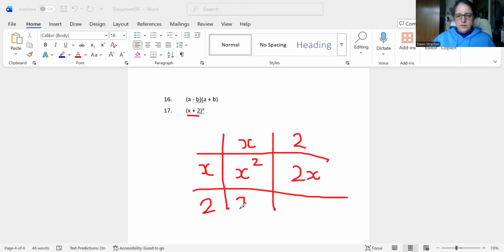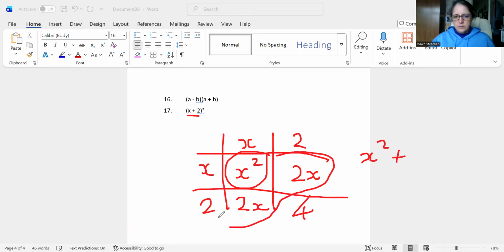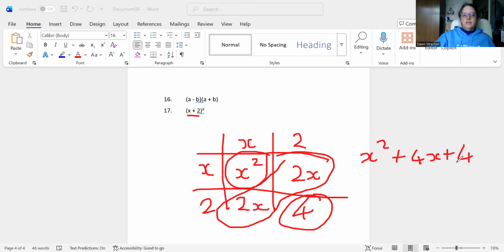X times 2 is 2x. And 2 times 2 gives me 4. So let's start with an x squared. 2x plus 2x gives me 4x. So that's this one and this one. And then finally, I'm left with the 4. And so once again, my answer is x squared plus 4x plus 4.